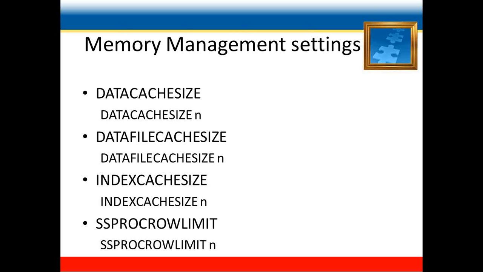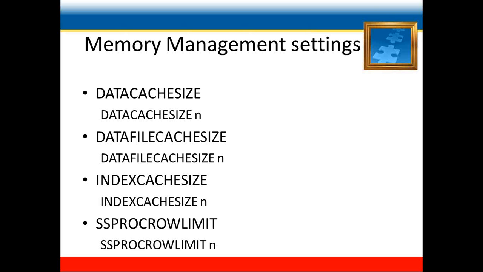The data cache size is a setting which provides the initial value that your newly created databases will have for data caches. Data caches are nothing but a buffer in memory. So you can provide an initial value for this setting.